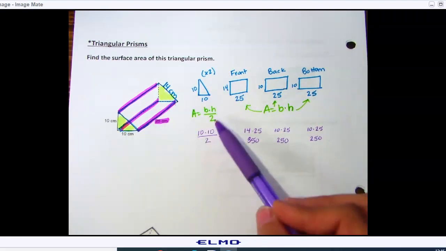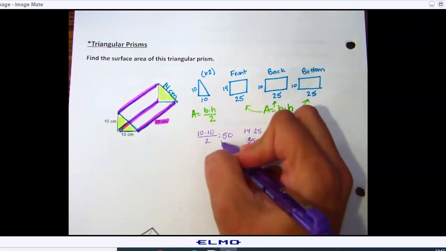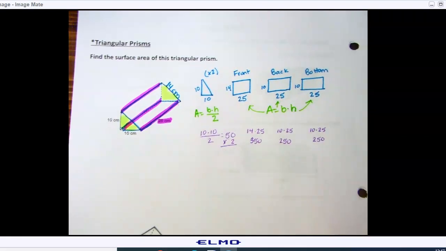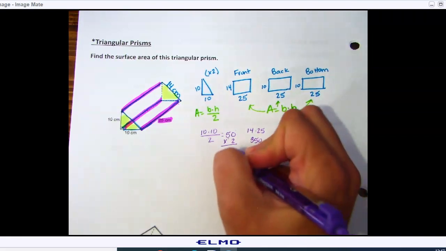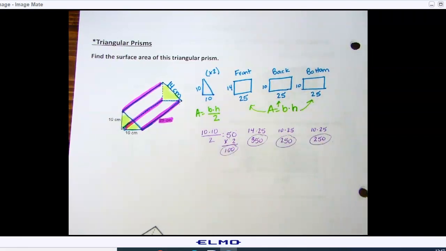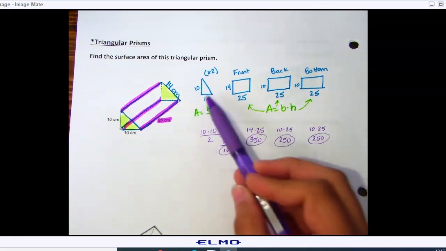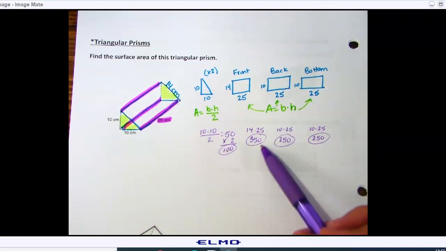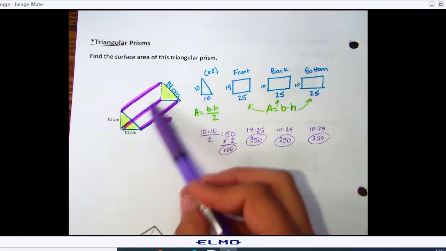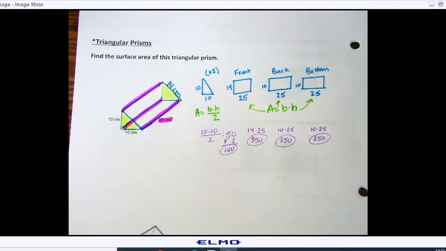So that is why I put the times 2. We multiply that 50 by 2 to get us back to the 100. We did this 50 times 2 because there are 2 triangles. But we do not need to multiply these others because they're different measurements. You have the front, back, and bottom.